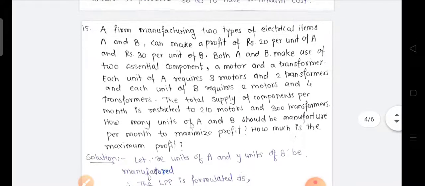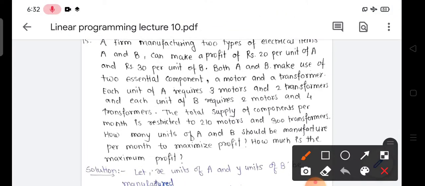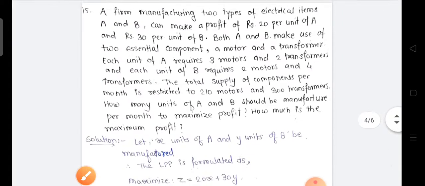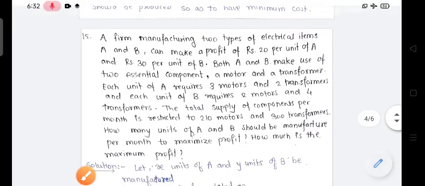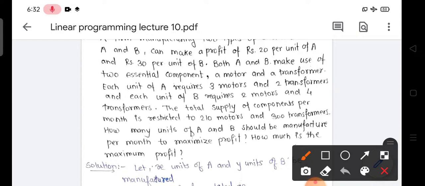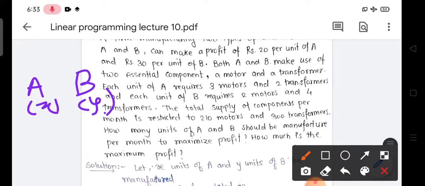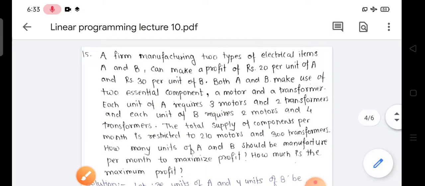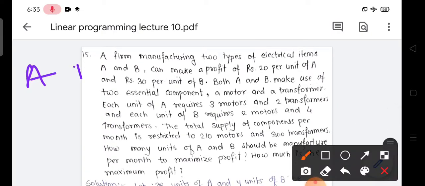So first we'll consider X units of A and Y units of B, these electrical items. Then what will be the table for A, B, X, Y. Next, which components are required?